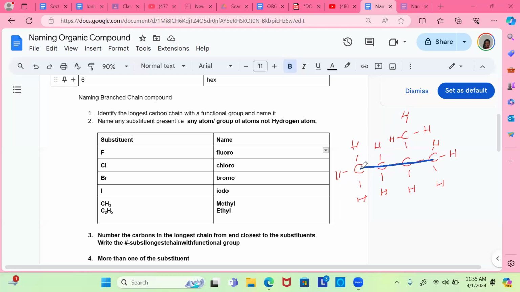I can count this chain here, 1, 2, 3, but is that the longest chain? No. Or I can count 1, 2, 3, 4. So the longest carbon chain has how many carbons? 4.